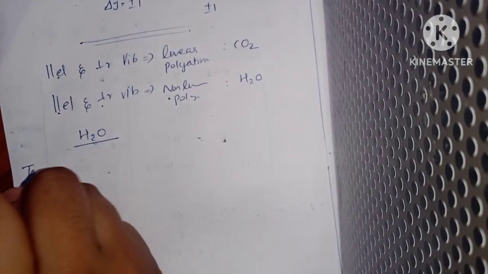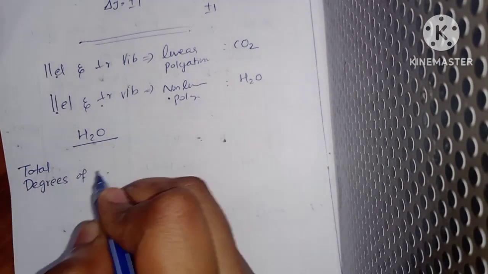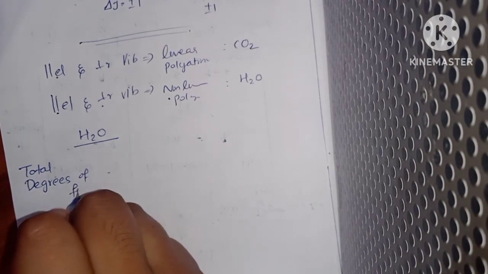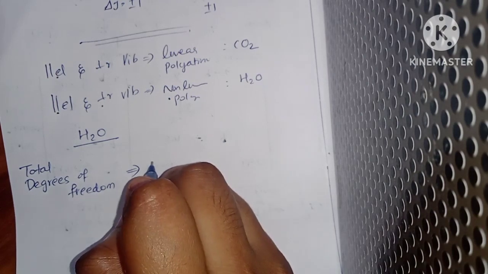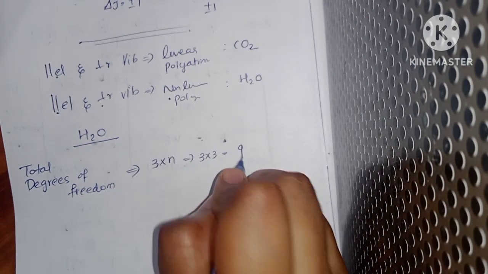So total degrees of freedom, that means total modes of motion, is 3n, that is 3 into 3, 9.